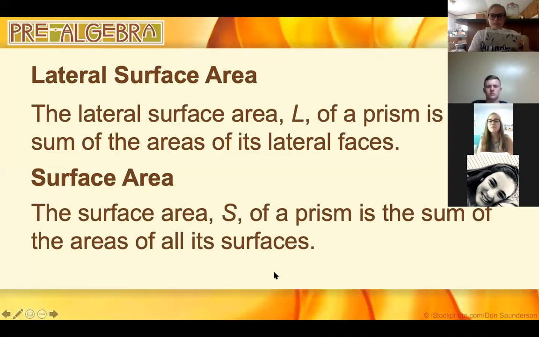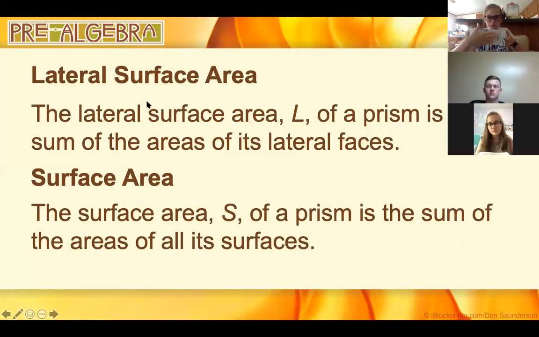To find the surface area of this box right here, I need to find the area of both of the bases and add those to the area of all of the 4 faces on the side, which is called the lateral surface area. Remember, lateral, up and down. So pieces that are up and down are my lateral surfaces.